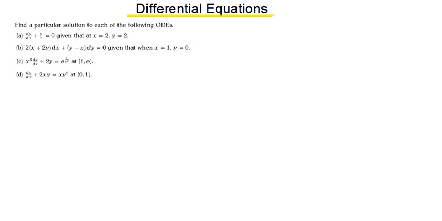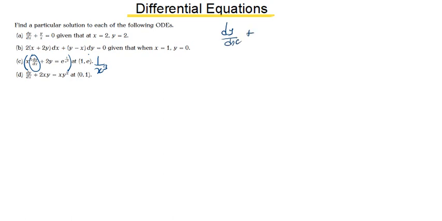So I can multiply both sides by 1 over x to the power 3, so that I leave the dy dx on its own here.